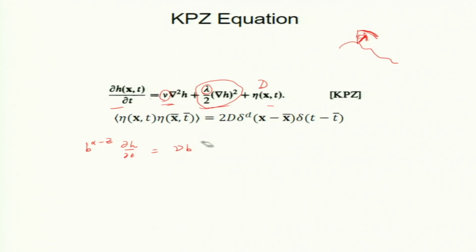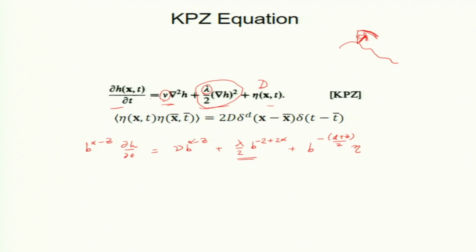No, sorry. This alpha minus z plus lambda by 2. So grad will give me 1 by length, so b to the power minus 2, and h will give me 2 alpha, correct. That is the term coming from h squared, 2 alpha, and this term will give me b to the power minus d plus z by 2, same as before, except I got a new term here.